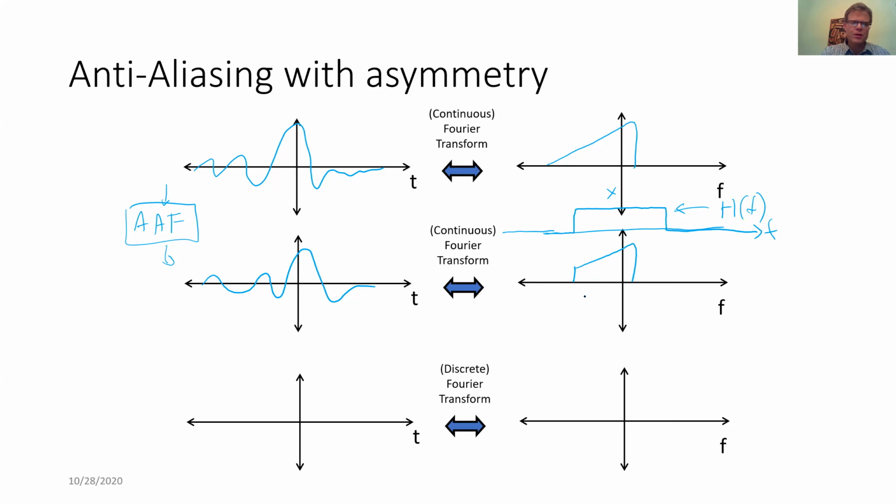Okay. So then when we go to sample this object, and if we choose our sampling bandwidth or our sampling rate such that we matched our anti-aliasing filter, chosen the widths here to be the same. So if we're doing the anti-aliasing filter, we're going to match it to the sampling rate.